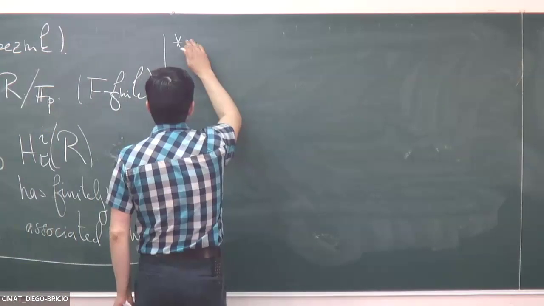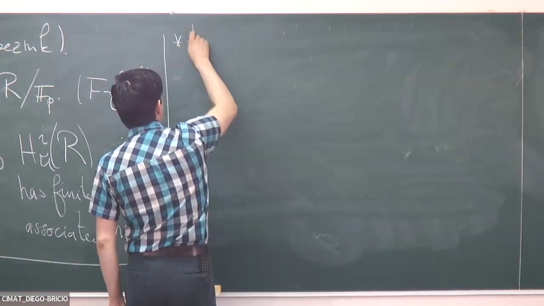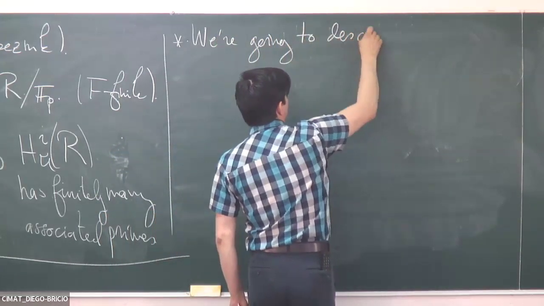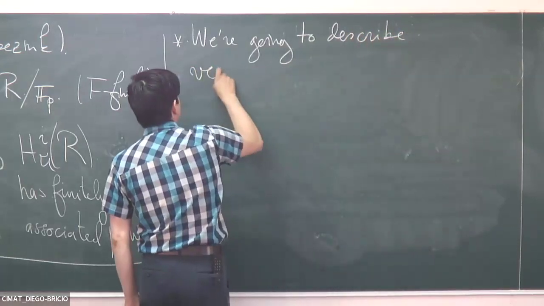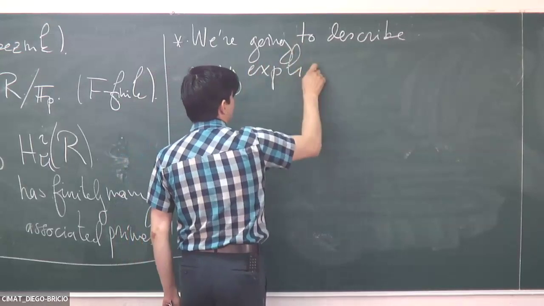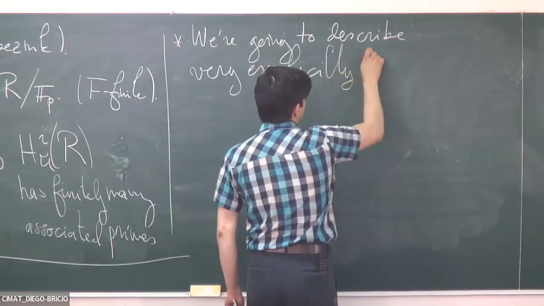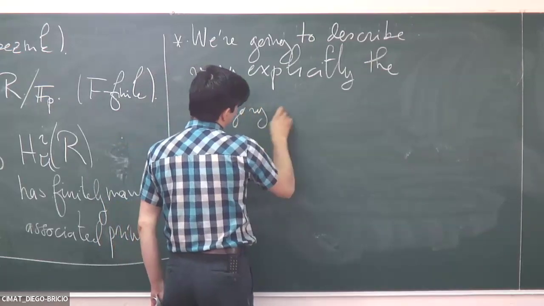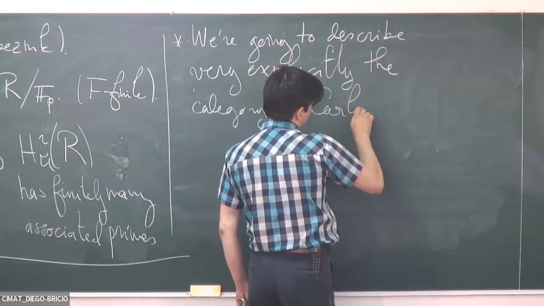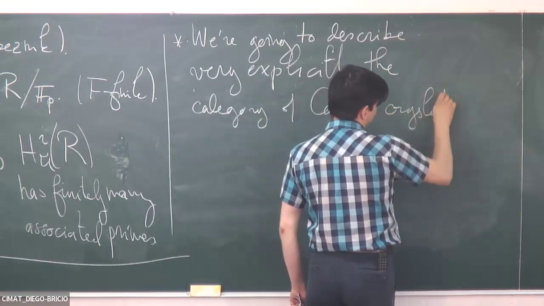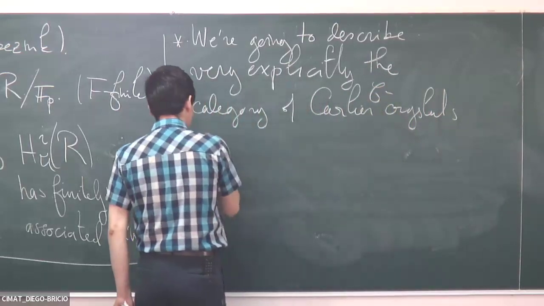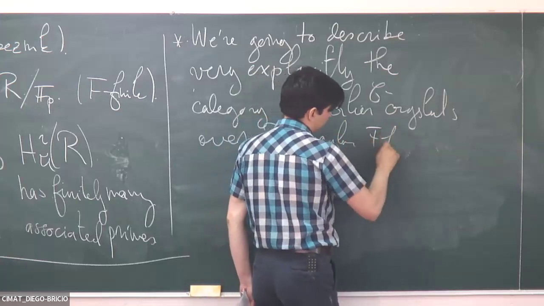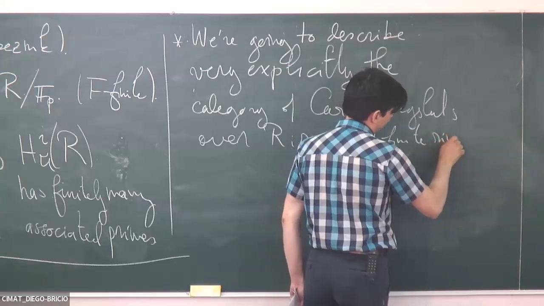So what we're going to need is, first of all, to describe very explicitly the category of Cartier crystals, let's say C-crystals, over R, a regular F-finite ring.